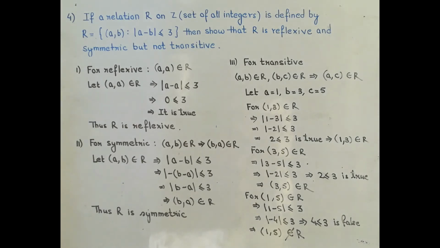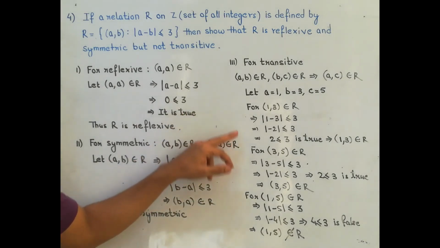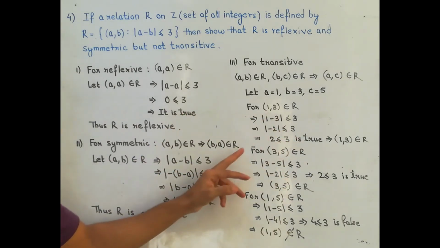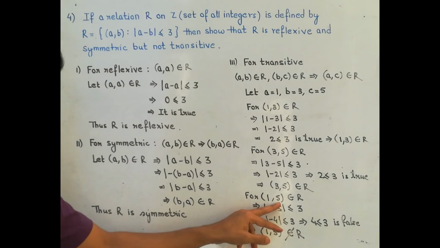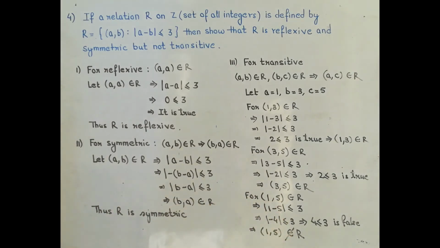So here we have shown that a comma b belongs to R, b comma c is also belonging to R, but a comma c does not belong to R. So that means this relation is not transitive. Hence we can say the given relation is not transitive.